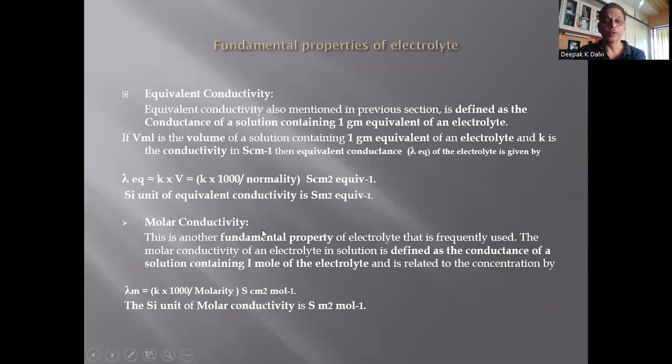Similarly, molar conductivity. Molar conductivity is another fundamental property of the electrolyte. It is also frequently used. Molar conductivity of an electrolyte is defined as the conductance of the solution containing 1 mole of the electrolyte, and it is related to the concentration: molar conductivity lambda m is equal to K into 1000 divided by molarity.